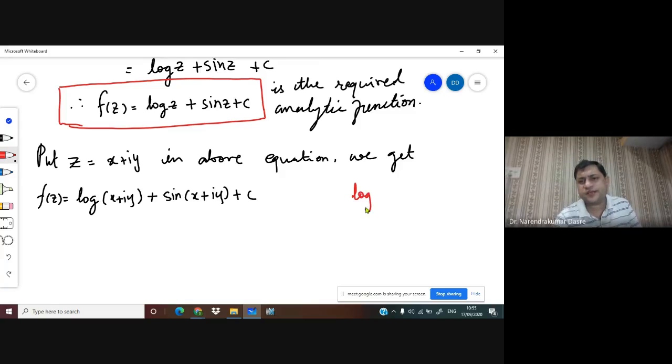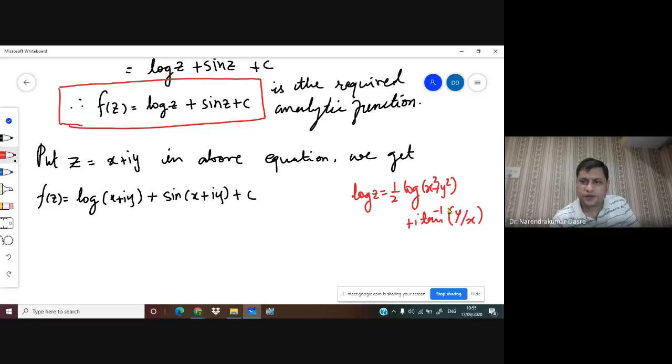What we know is log of z is equal to half of log of x square plus y square plus i tan inverse of y by x.